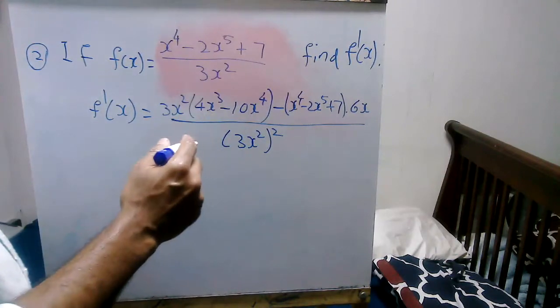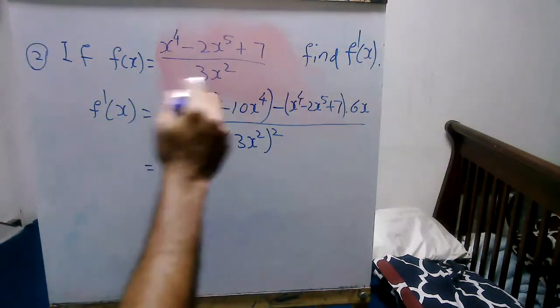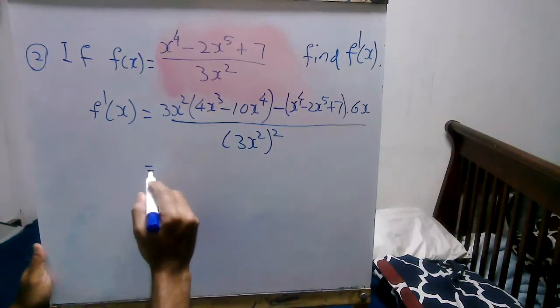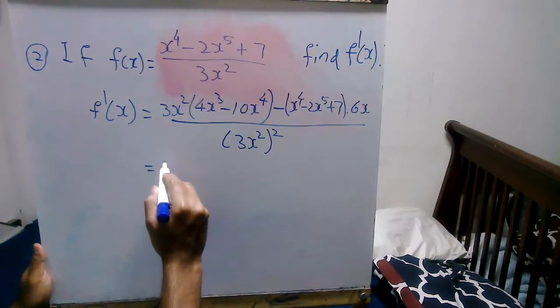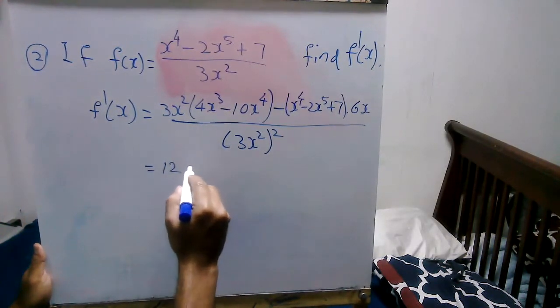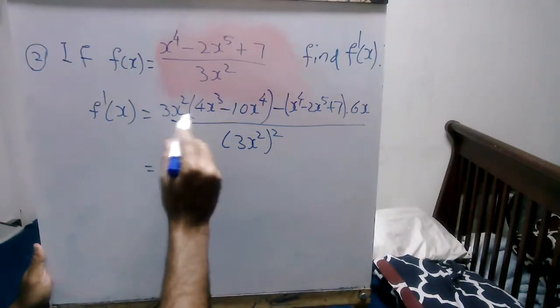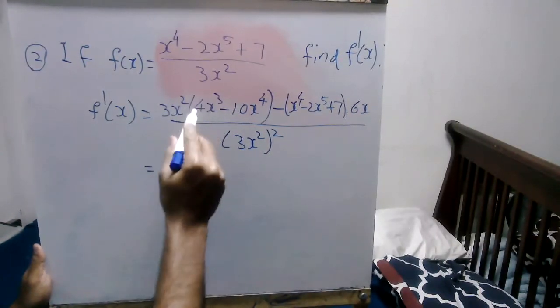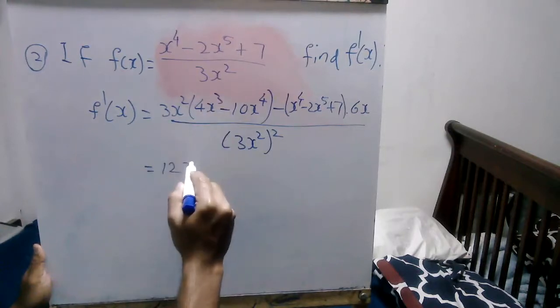Now let's do simplification, means distribute this. When we multiply, we add the exponents.